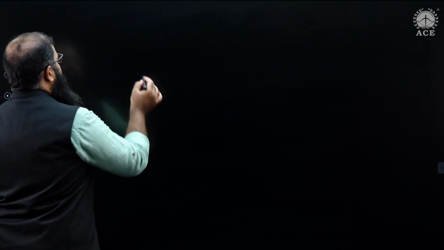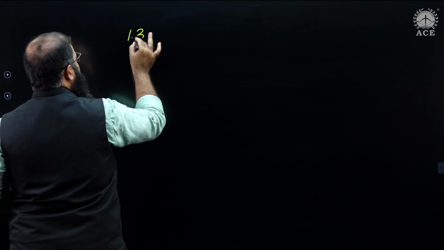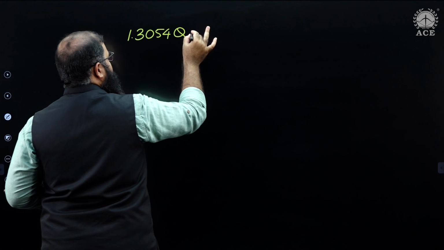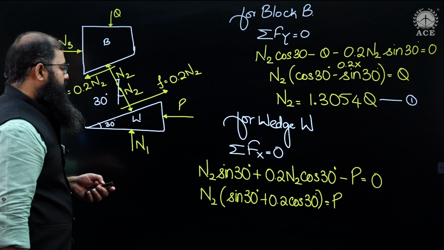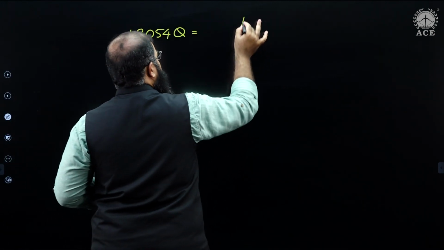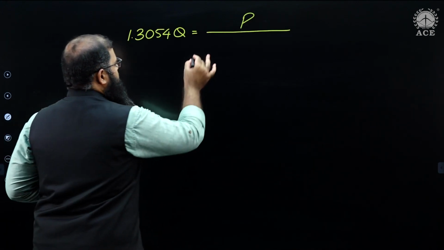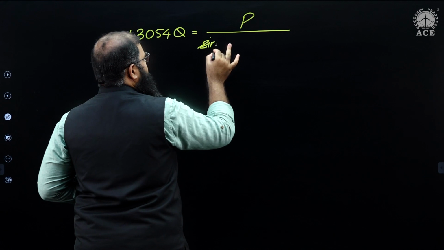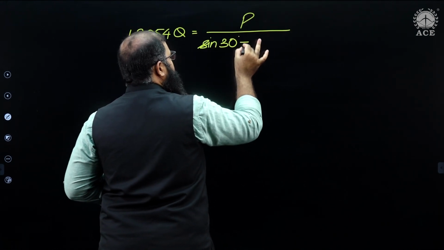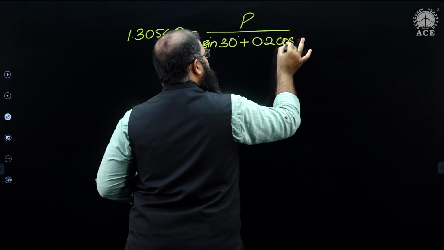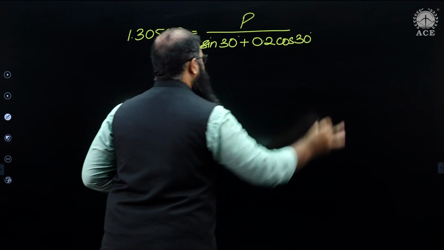I have N2 as 1.3054 Q, and P is equal to this times (sine 30 plus 0.2 cos 30).